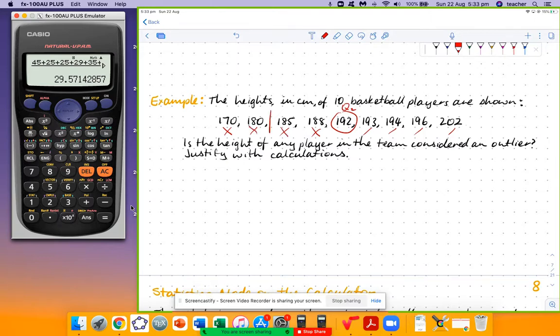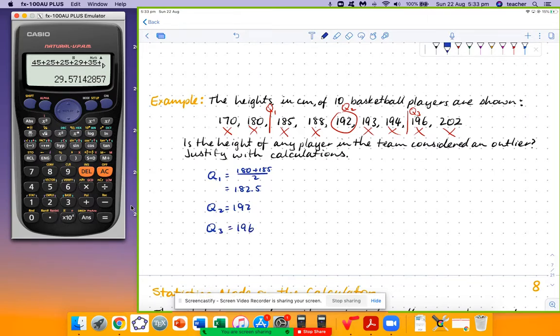So then Q1 is going to be halfway between 180 and 185, and Q3 is going to be halfway between 194 and 196. So Q1 is going to be 180 plus 185 over 2. Well, that's 182.5. Q2 is 192, and Q3 is 196.